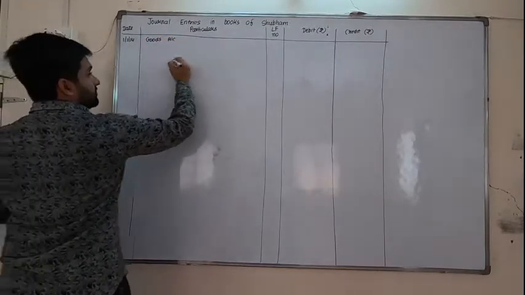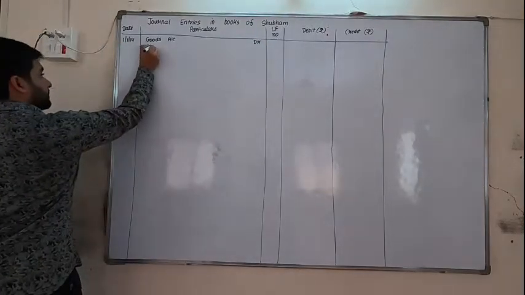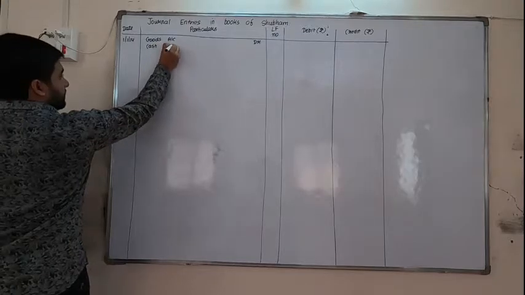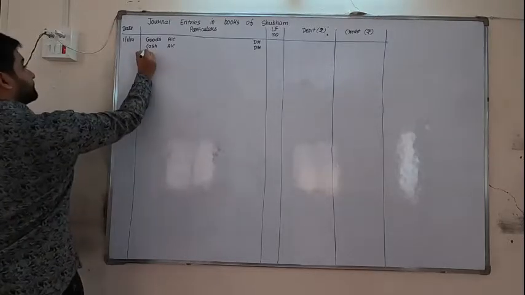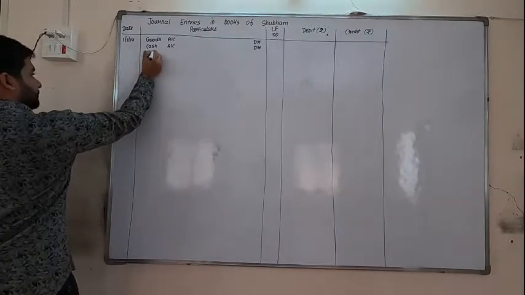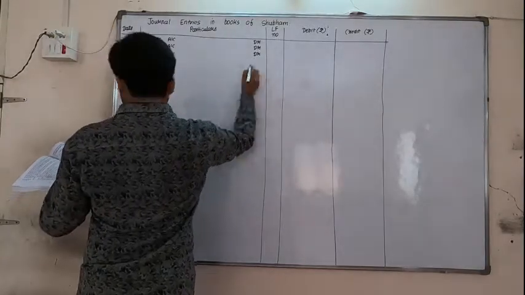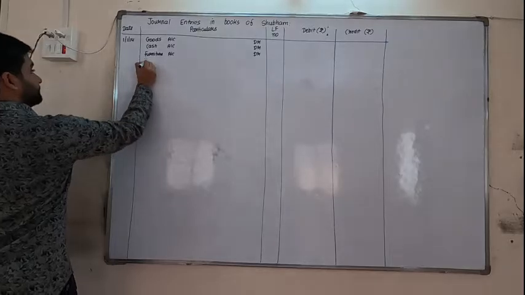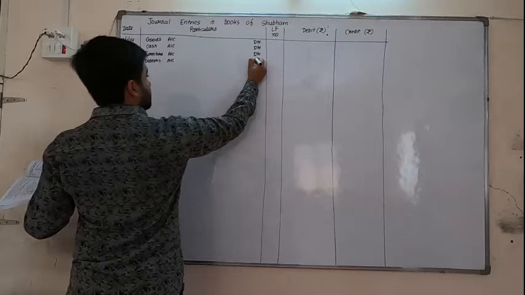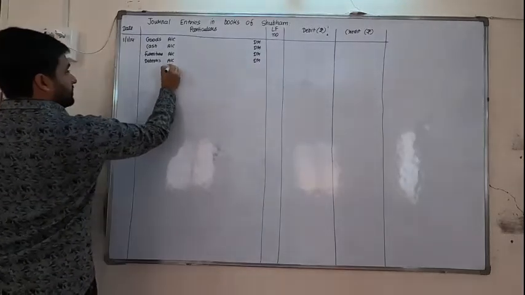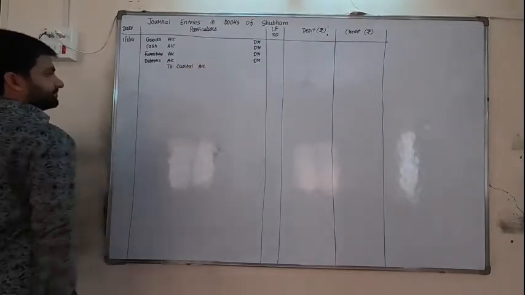Goods account debit, cash account debit, furniture account debit, debtors account debit, to capital account.